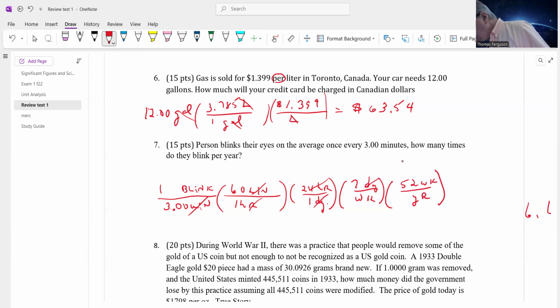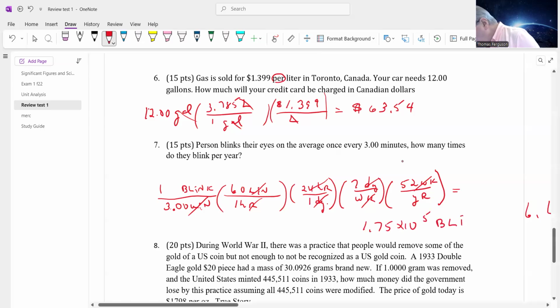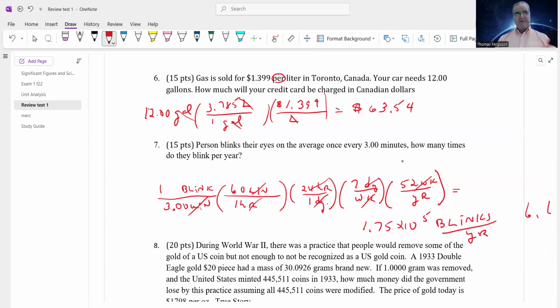Okay, so we've got blinks per year. And we're looking at 3 sig figs. So fraction to fraction.